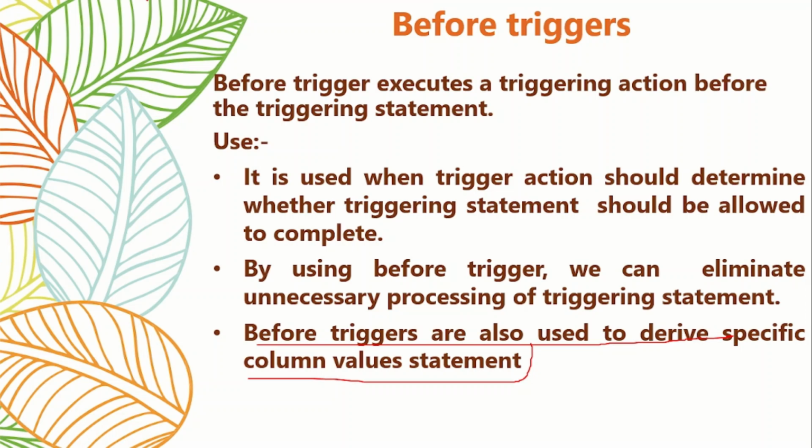Whenever you are trying to enter a record where you need to mention DOB, and the system has to calculate your age also, in that case the before trigger can act very well, and it can calculate your age and put the data into the table.